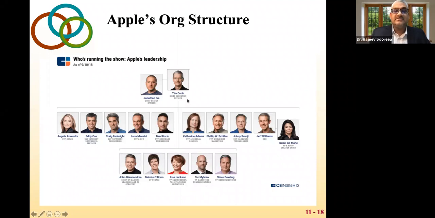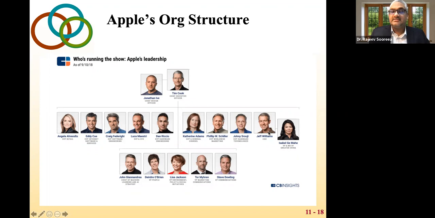So you can see the CEO has a lot of direct reports, that is, people reporting directly to the CEO. But you can see here the COO on this side has someone reporting to him. So we see the VP and Managing Director of Greater China, who reports directly to the COO, but not to the CEO.